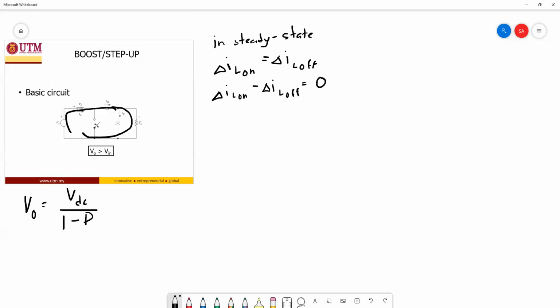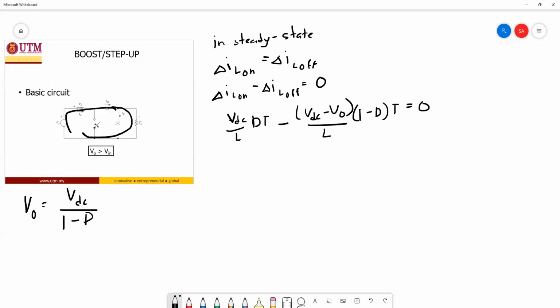So delta IL on is VDC over L DT, minus VDC minus V out over L times 1 minus D, equal to 0.